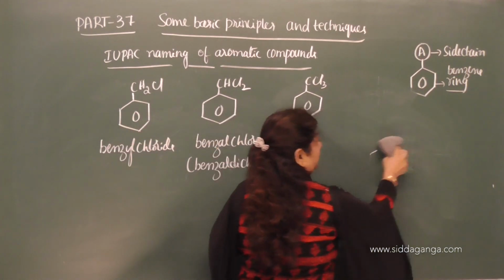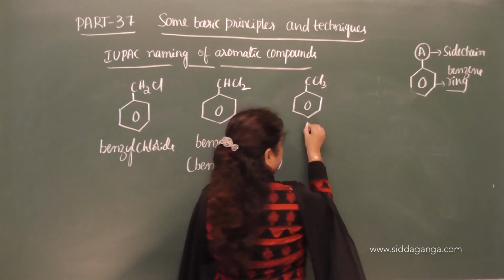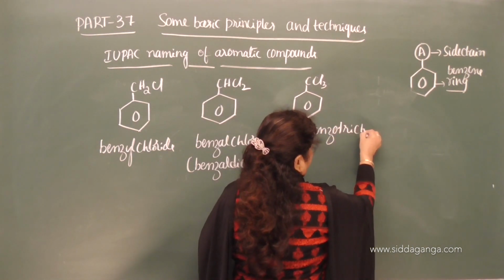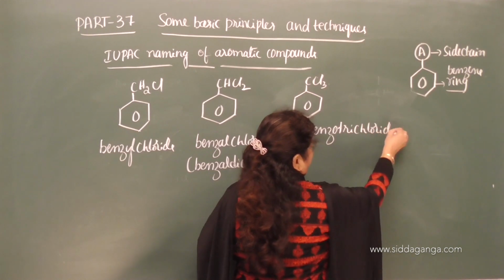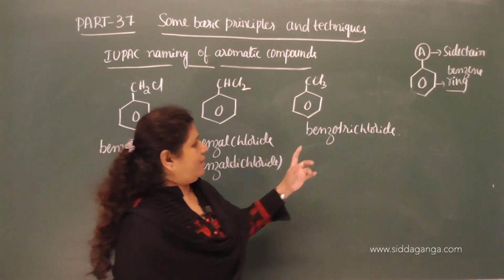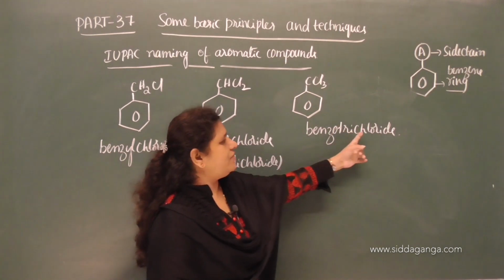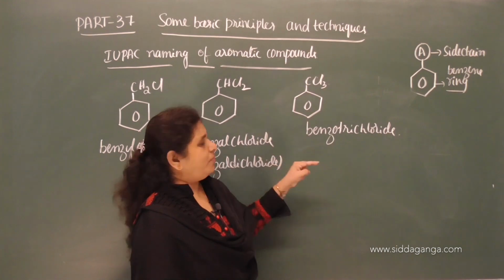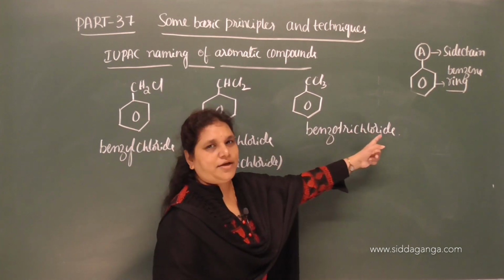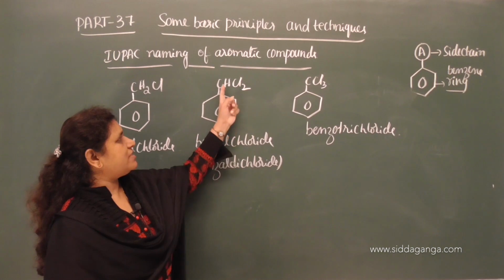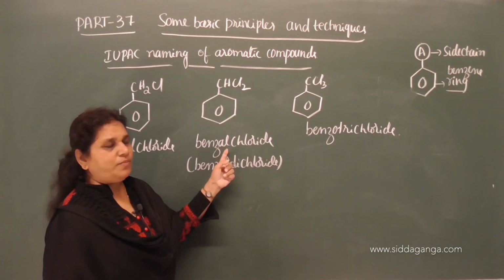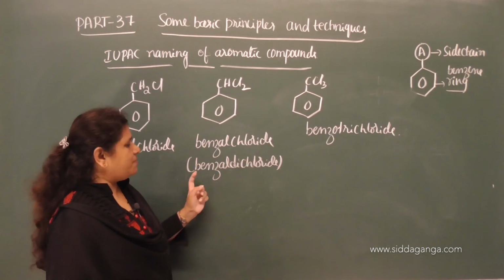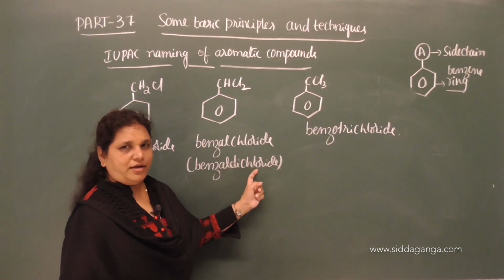Now, what about this compound? Benzotrichloride. Tri stands for 3 chlorine atoms. C6H5C is a benzo group. Therefore, it is benzotrichloride. C6H5CH is benzal group. Therefore, benzal chloride, or more specifically you can use benzal dichloride. Clear?